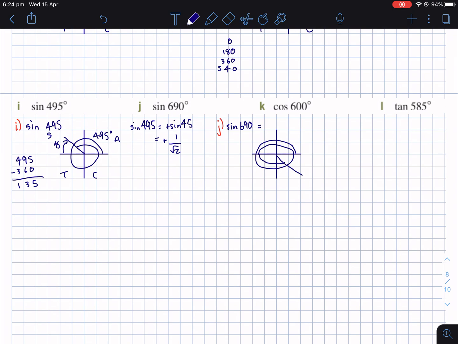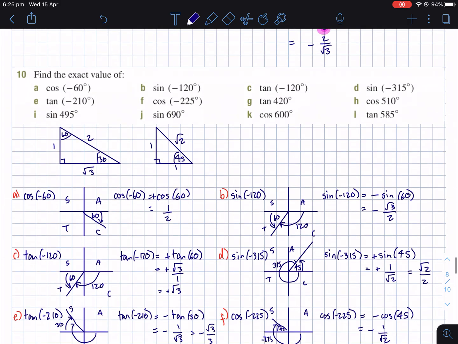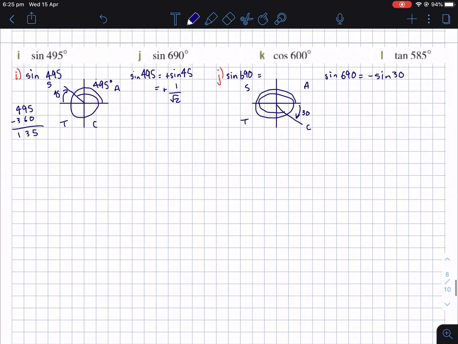These are really hard. So we've got 30 left, which means an SATC sine 690 equals negative sine 30. Sine 30, if you remember from triangle, 1 on 2. So we've got negative 1 on 2. J, okay, K.